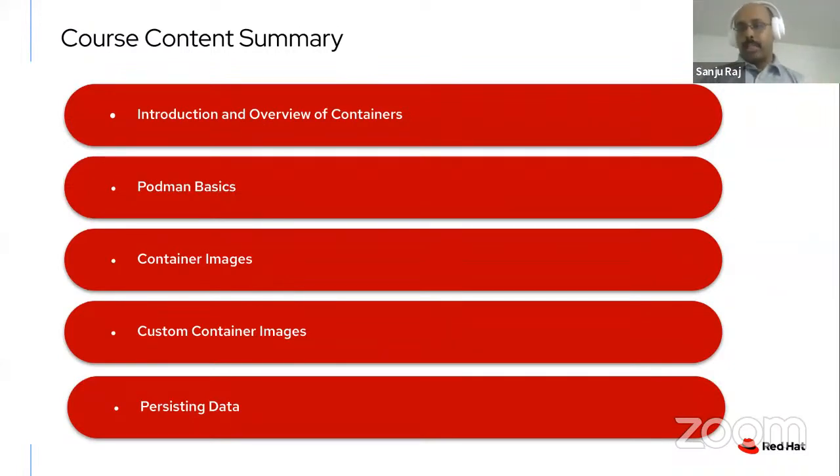When the container is started, you will have that path mapped and you will have data persistency. Even if the container is removed or destroyed, you still have the data available on the host where the path was mapped. Then you can associate it with a new container and use it across. The same data will be made available.